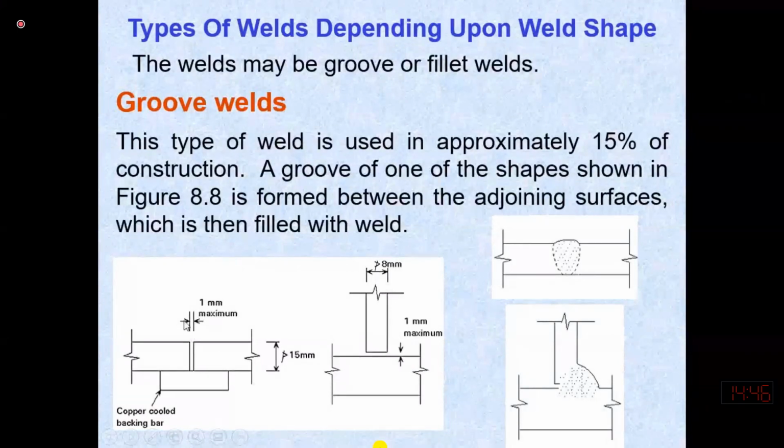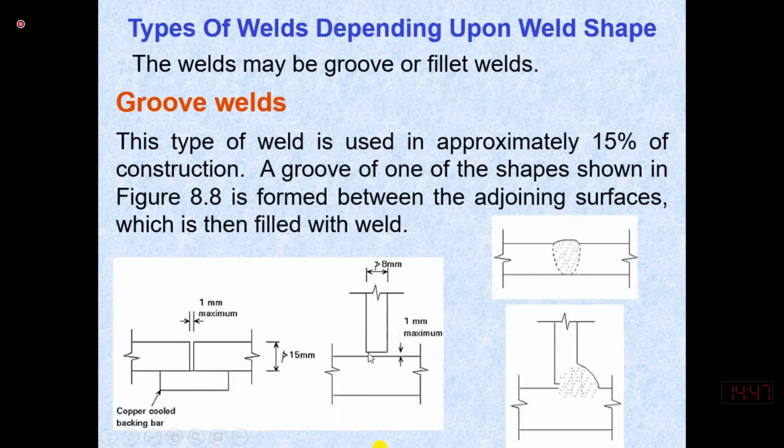Normally, a gap of maybe a maximum of 1 millimeter is kept, and then the gap is filled with the molten electrode.